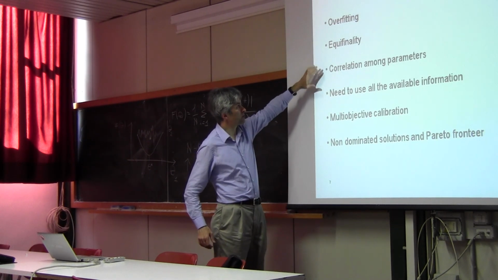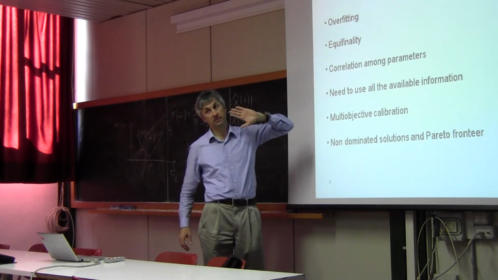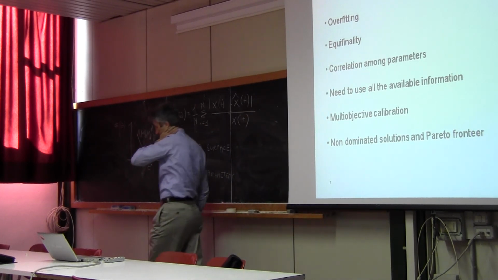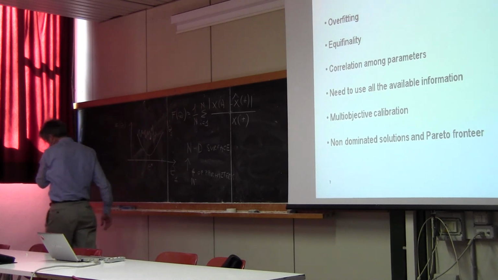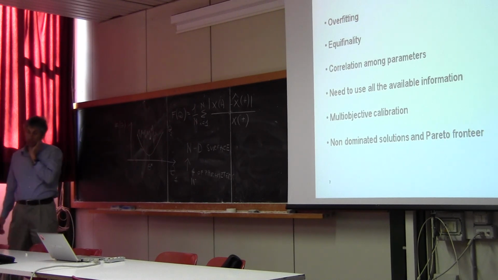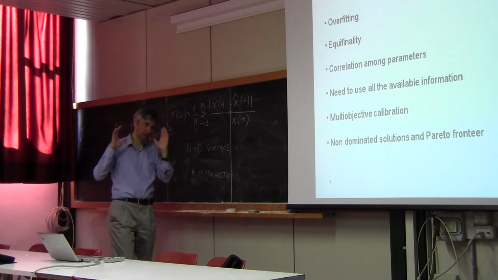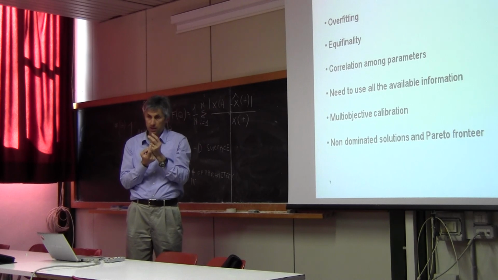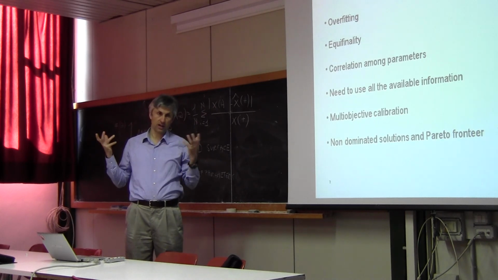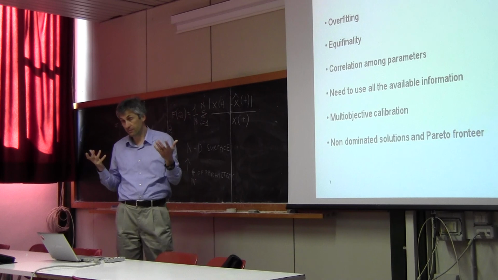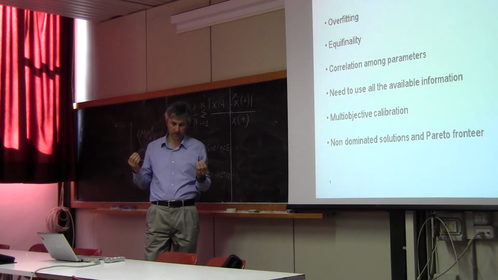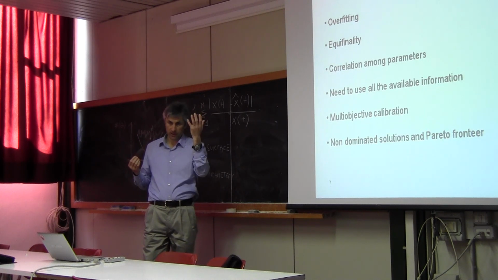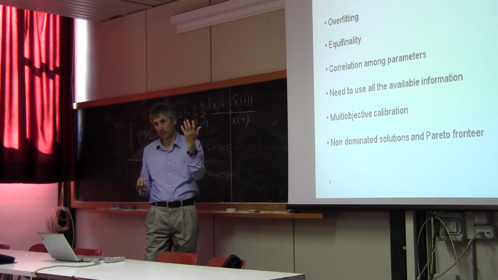Equifinality is often induced by correlation among parameters. What does it mean? It means that parameter values are correlated. Let's suppose that you have two parameters, and for instance, in IMOD you have 5, and it may happen that if you increase one parameter value, you get a similar response if you decrease, for instance, the third parameter value.